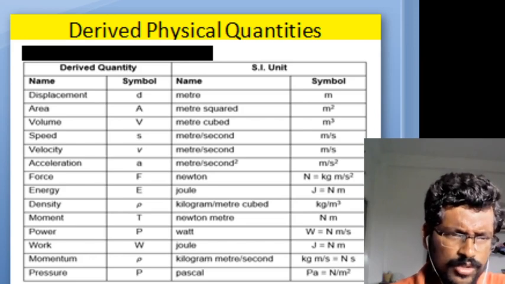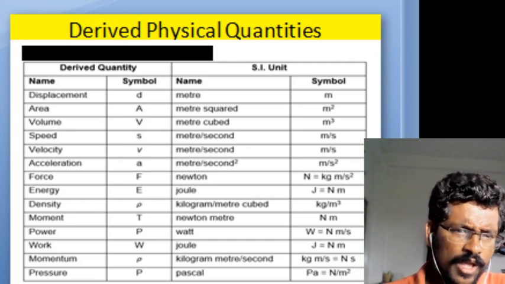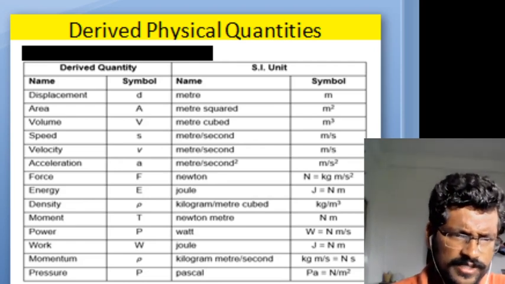Now we are going to work. Work is denoted by omega or W. Here the definition of the work is the product of force into displacement.